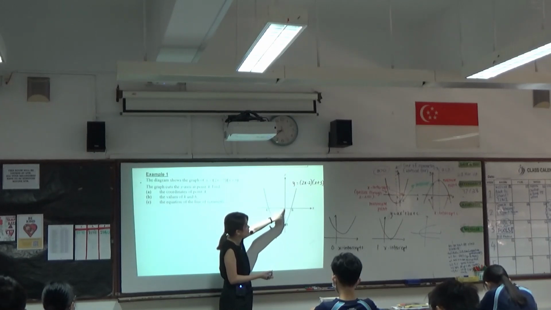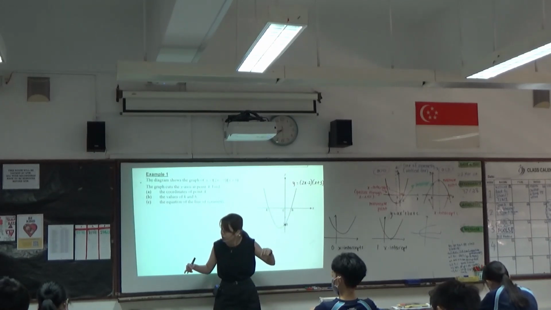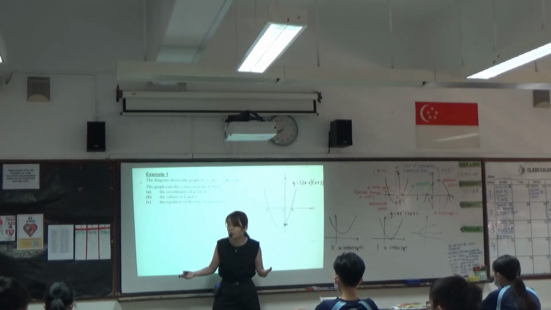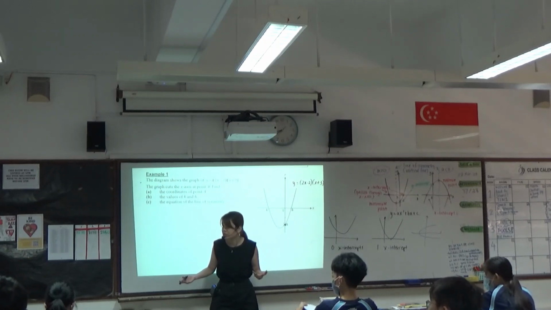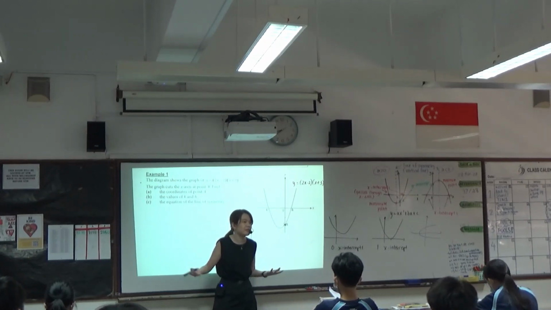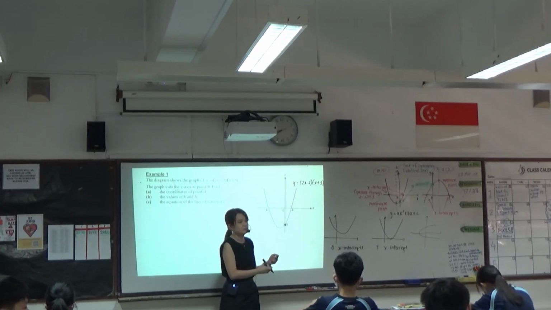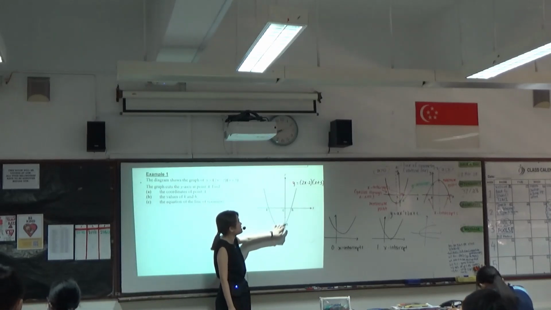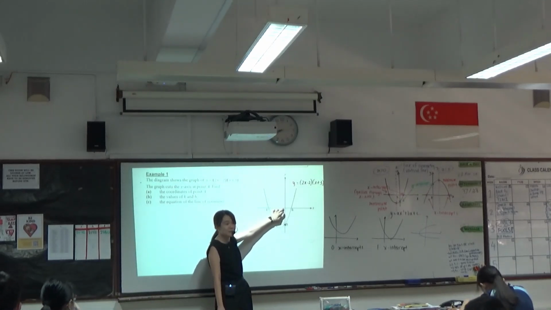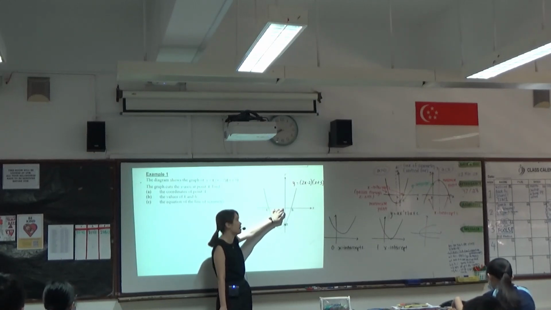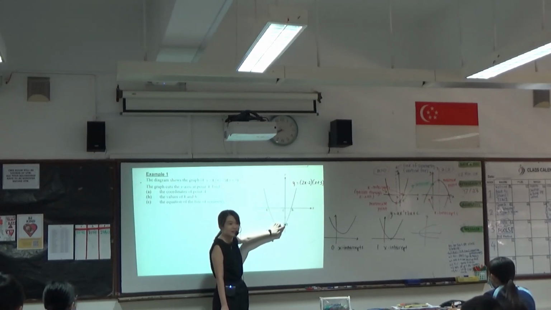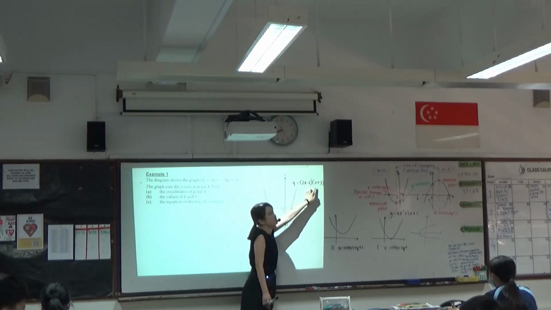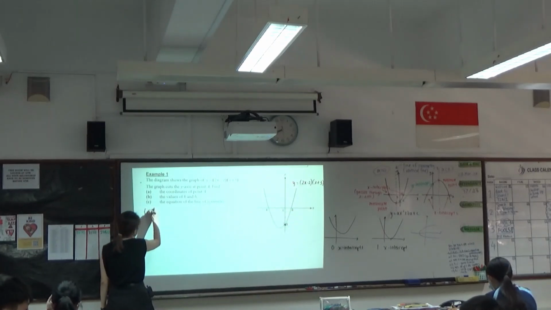We read the graph by going upwards to the x-axis. So, to solve part a, when x equals 0.